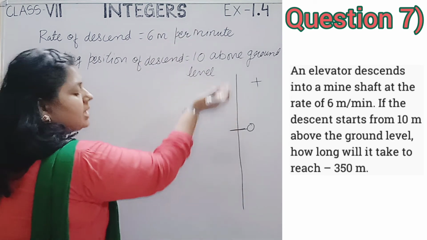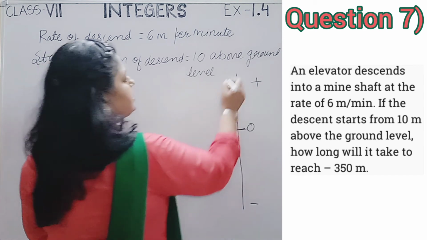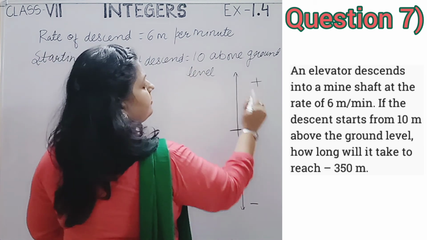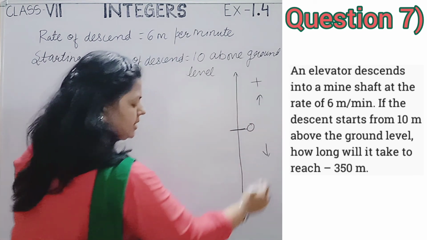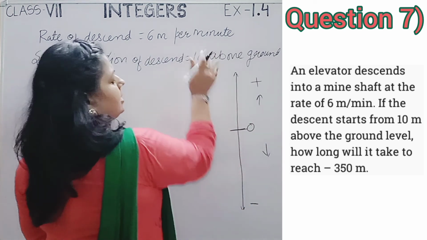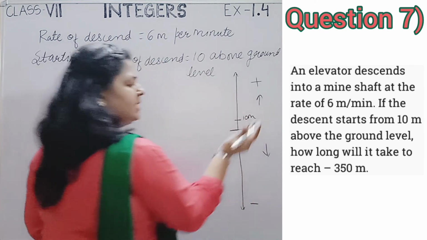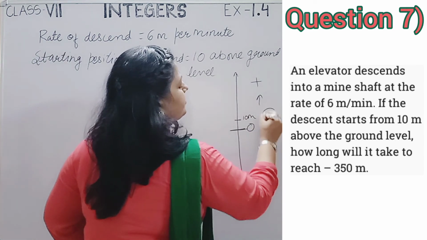If we are going below, then minus. It means this is ground level, above going up, below going down. So above ground level, suppose here this is 10 meter. So 10 meter is positive. So this is plus 10.